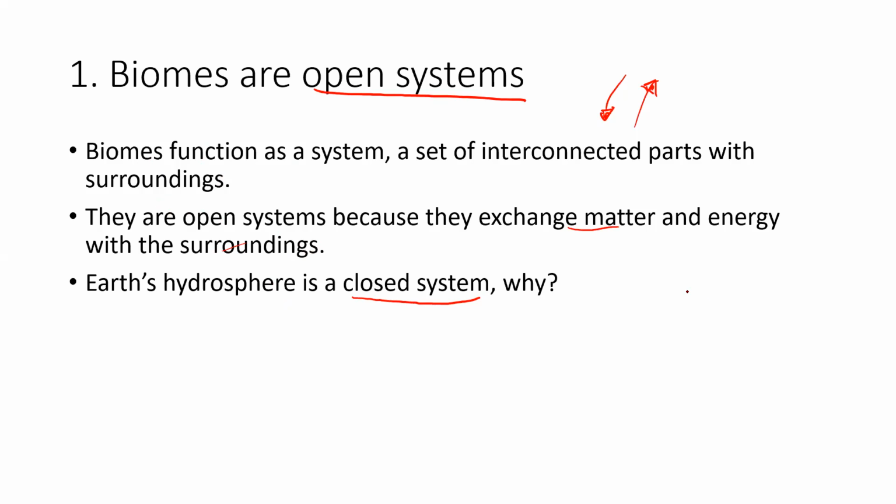When you think of water, okay, it is moving between atmosphere and the earth, but it's not being driven by sunlight, which is coming outside of the system. So when we get energy coming from outside of the system, like sunlight, we would call that an open system.